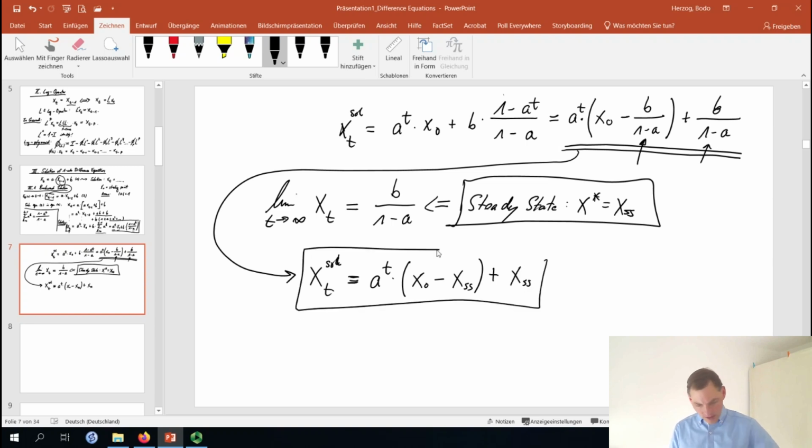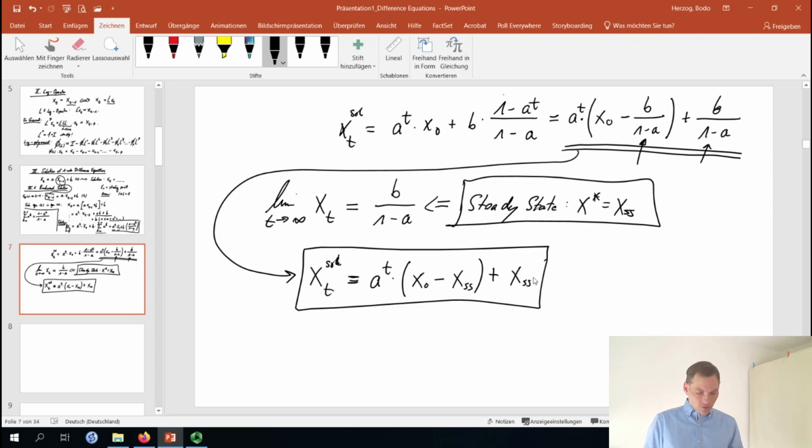So now you see the advantage of why I have rearranged it in that form. In a compact form, you can write the solution of this first order difference equation as x0, the starting point, minus the steady state point, times a to the power of t, plus the steady state.